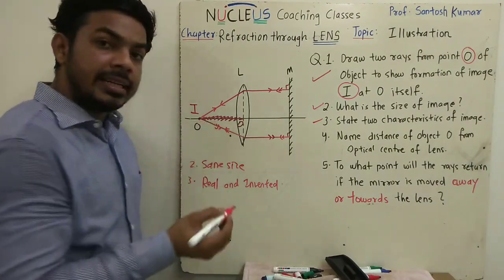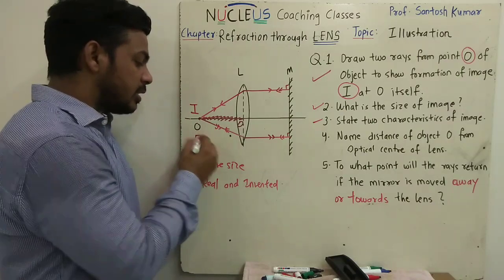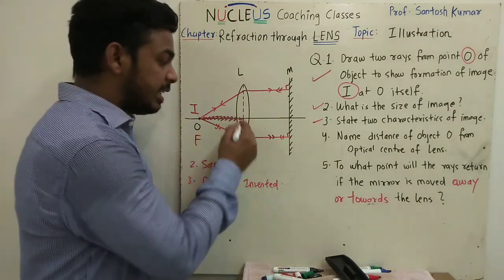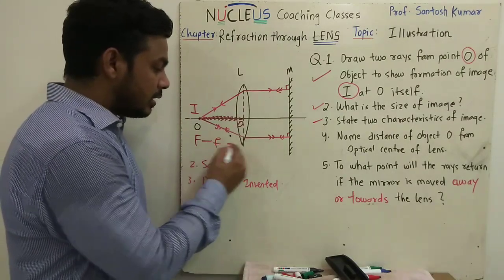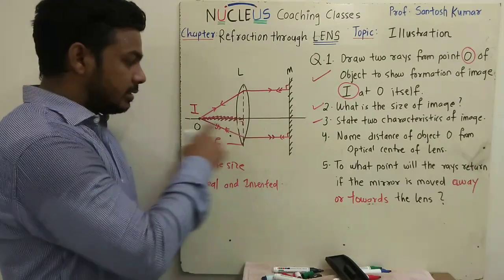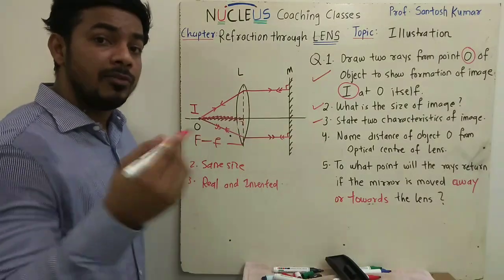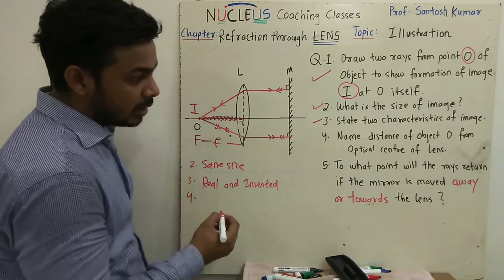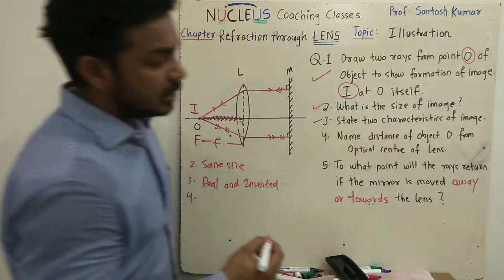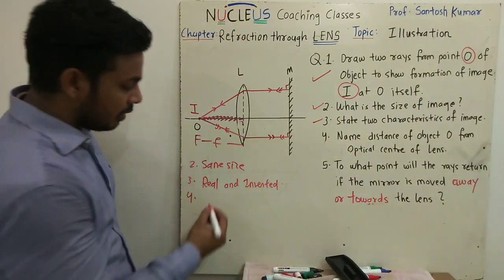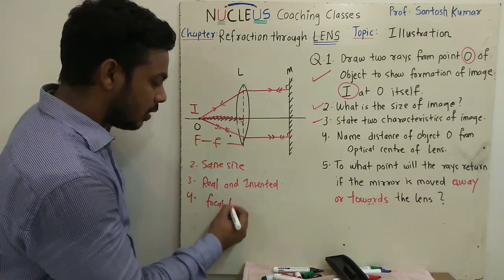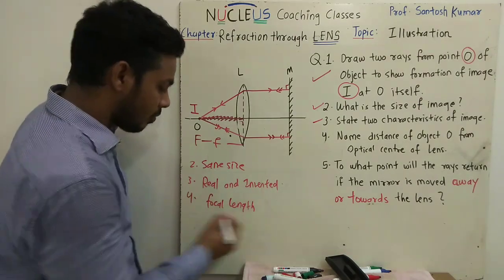So this object is located at the principal focus of the lens, and this being the optical center, this distance is called the focal length. That is the fourth answer, the name of the distance of object O from the optical center of the lens: focal length.